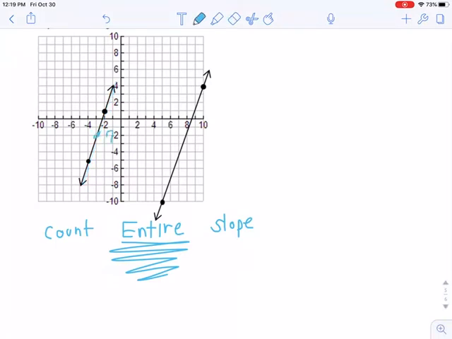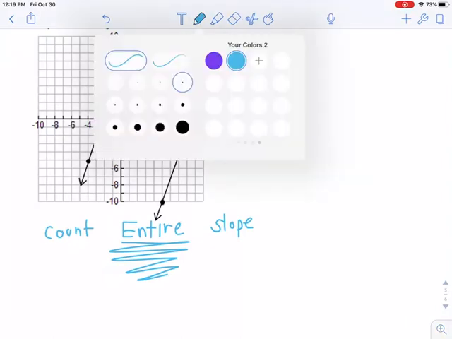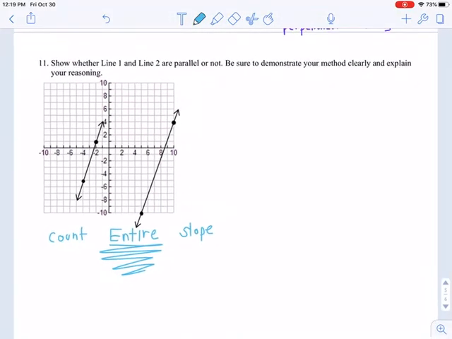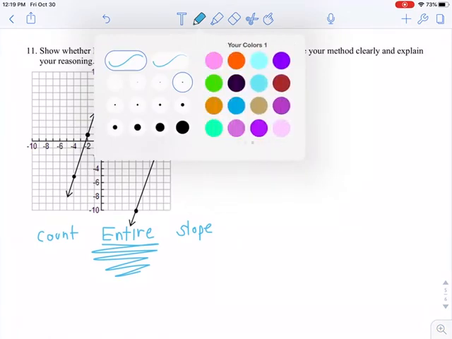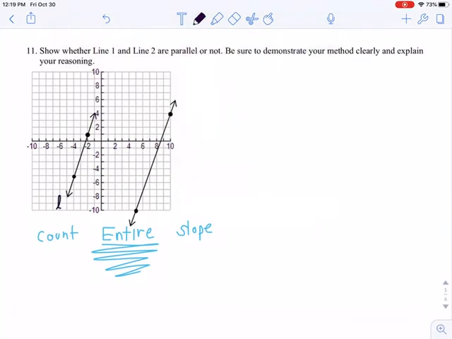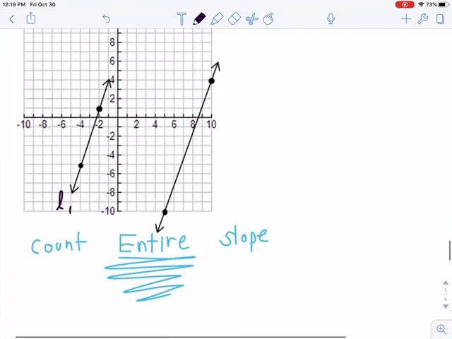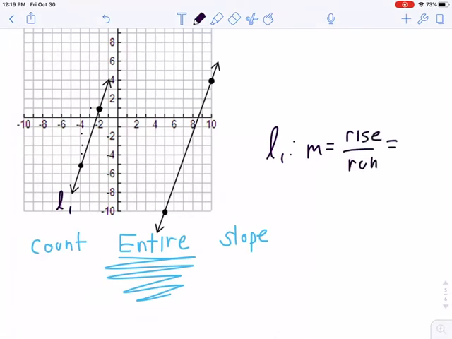To ensure that I get the most accurate slope, let's call this line 1. We go up 1, 2, 3, 4, 5, 6, right 2. So the slope of line 1 is rise over run, up 6 over 2, which is 3.